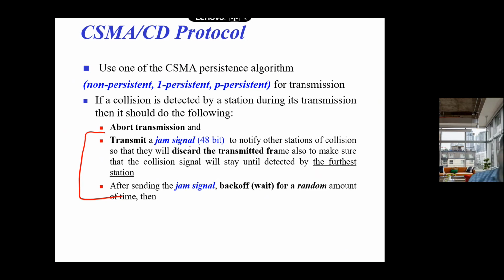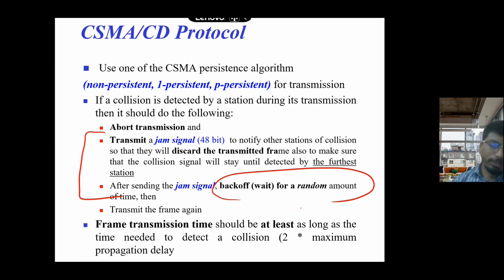It's a 48-bit jam signal where the stations which have aborted the transmission go on to transmit a jam signal to notify all the stations that they have to discard the frame that they have received. After sending the jam signal, all these sending stations will run the BEB algorithm and wait a random amount of time before they retry the next attempt, right?